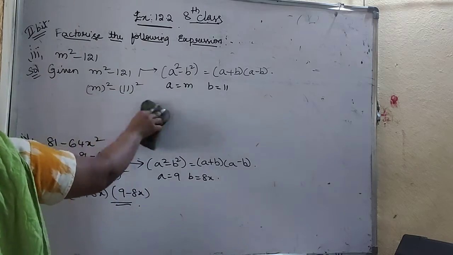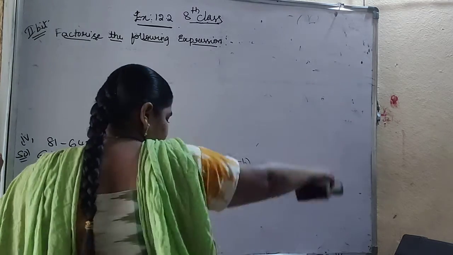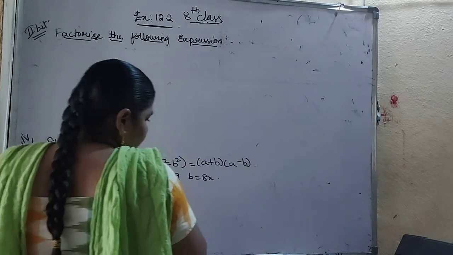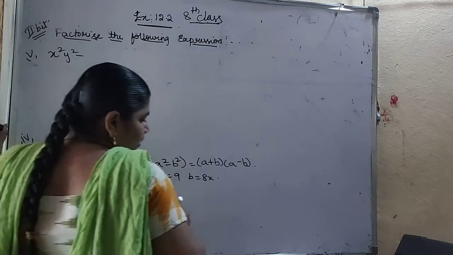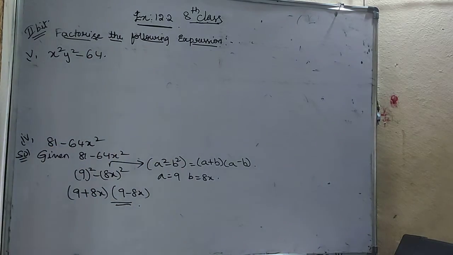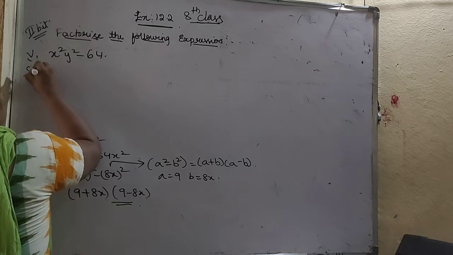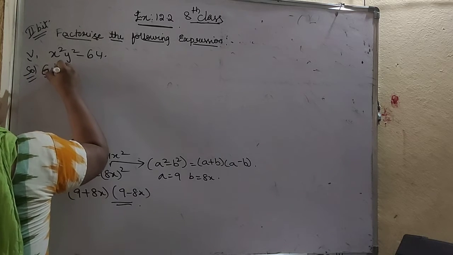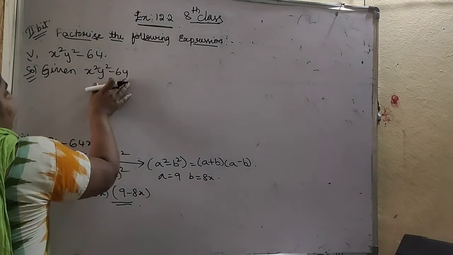Next, fifth one, x square y square minus 64. So what is the next one? X square y square minus 64. So what can we write this as?